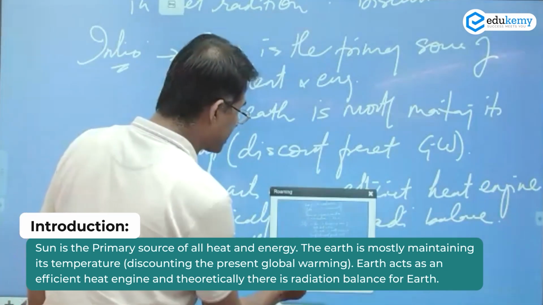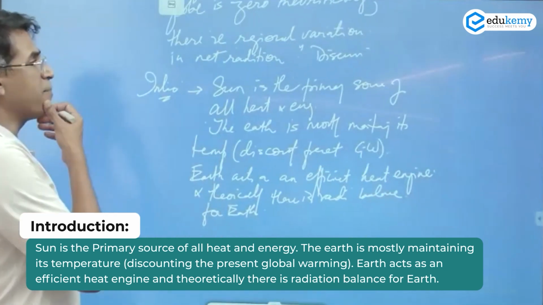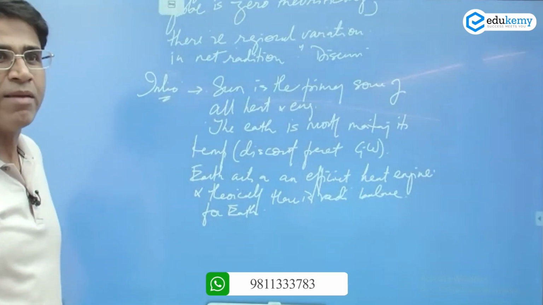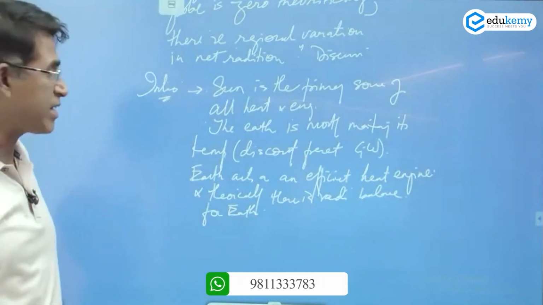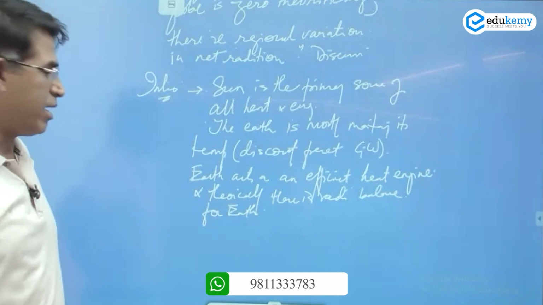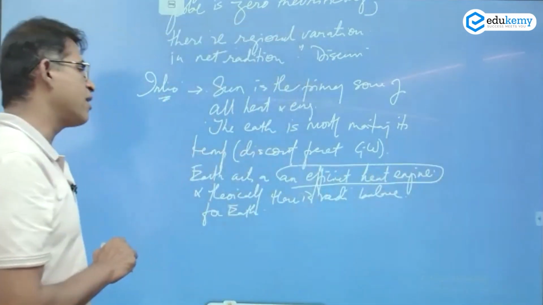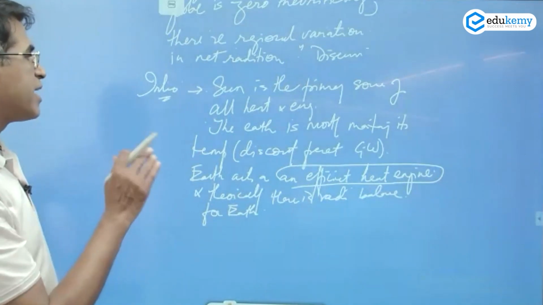Having said this, the sun is the primary source of all heat and energy. Earth is mostly maintaining its temperature. If I discount global warming, Earth acts as an efficient heat engine, and theoretically there is radiation balance for the Earth.